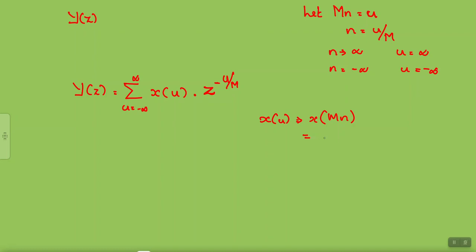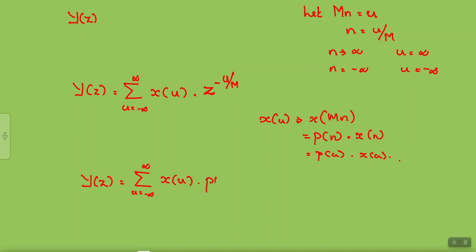So it can be represented as P of n multiplied with x of n, that is P of u multiplied with x of u. So y of z is equal to summation u equal to minus infinite to plus infinite x of u into P of u z raised to minus u by m.